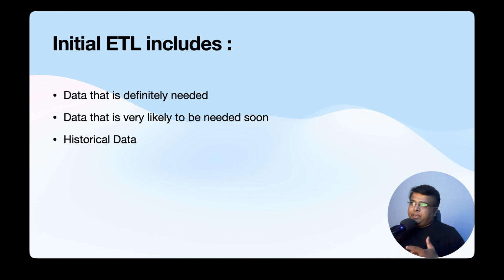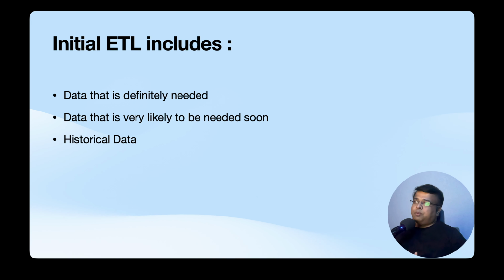But many BI and analytics use cases rely heavily on historical trends, things like year over year comparison or month over month comparison, sales growth patterns, customer behavior over time, forecasting or trend analysis, and so on and so forth. So during the initial ETL, organizations often load months or even years of historical data into the warehouse right from the beginning.